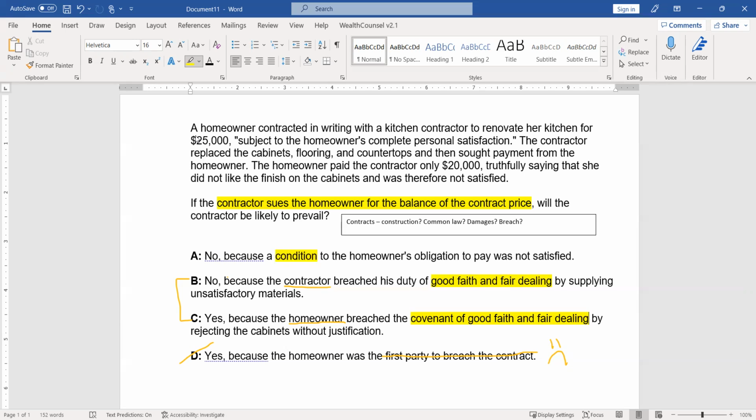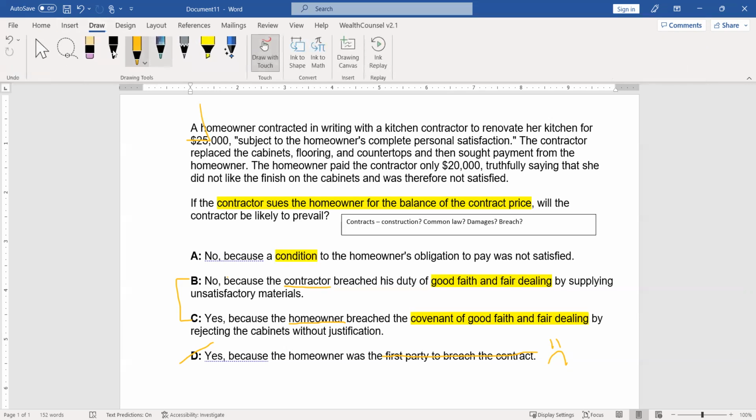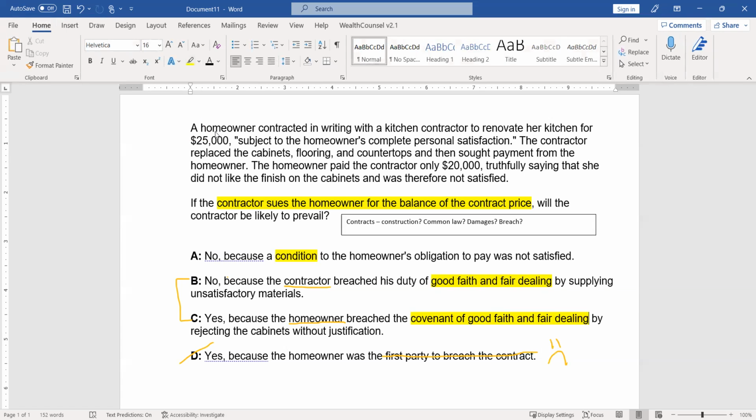Then you go to the fact pattern and say, a homeowner contracted with the contractor to renovate her kitchen for $25,000. Now I think we can safely assume that this is a construction contract, so common law, and there's the homeowner and the contractor.